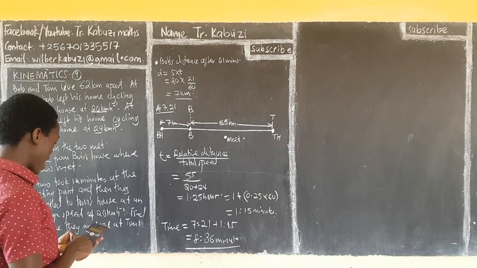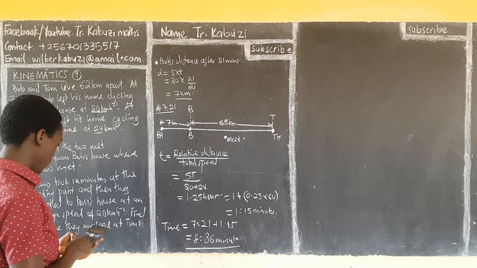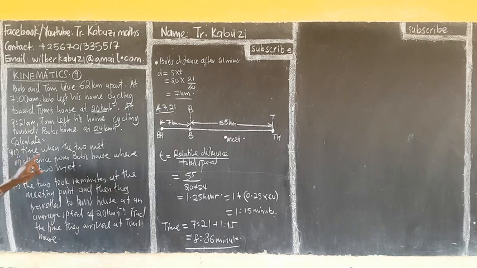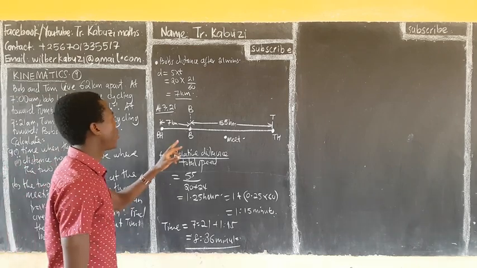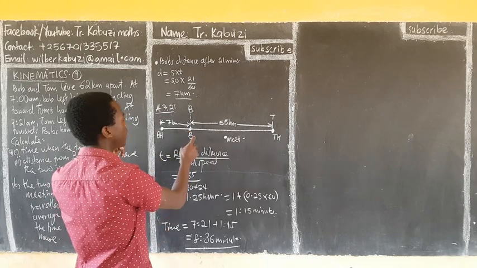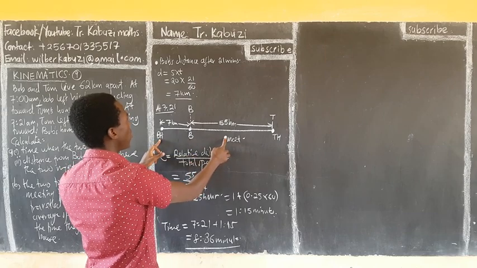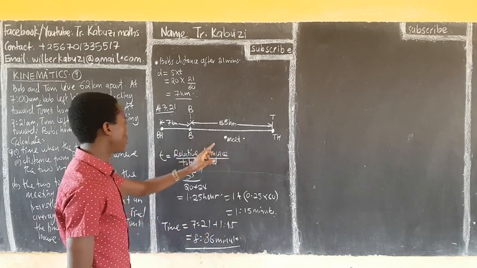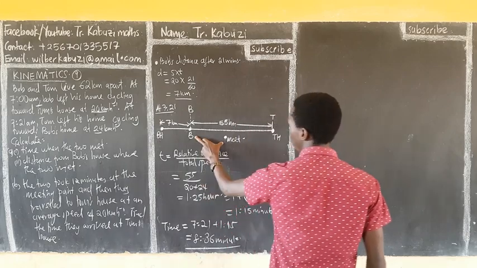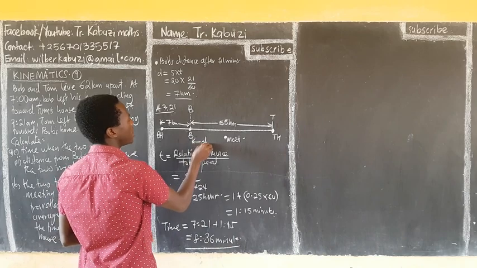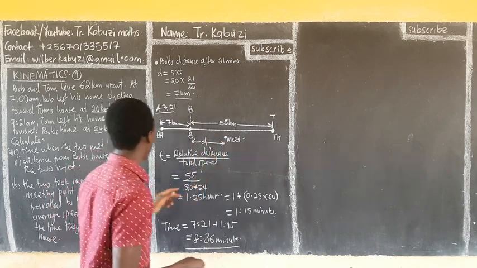Now they are asking for the distance from Bob's home where the two met. We need to know the distance Bob covered from here up to here; we shall add on the earlier distance. Let us call this D1.